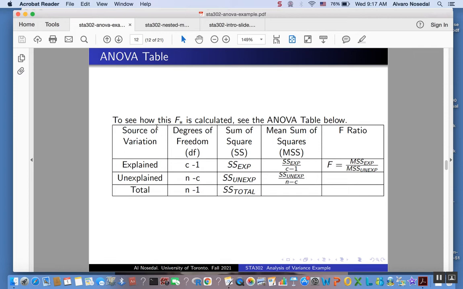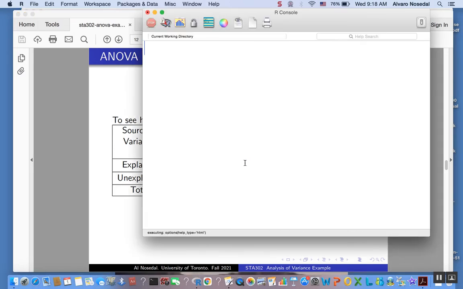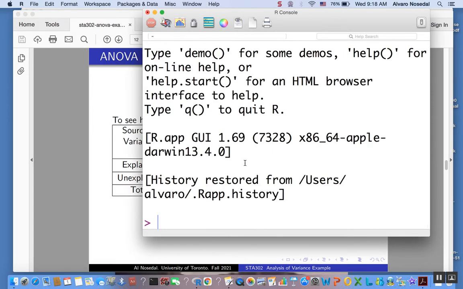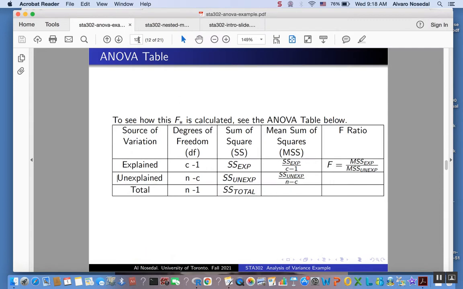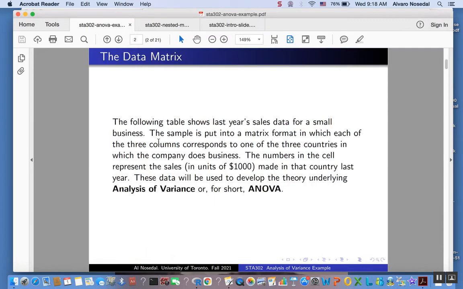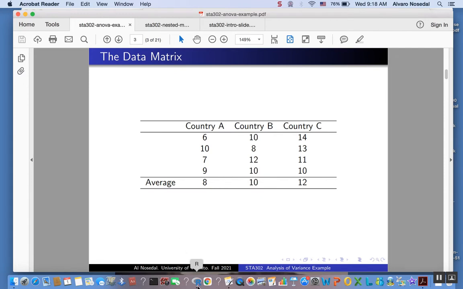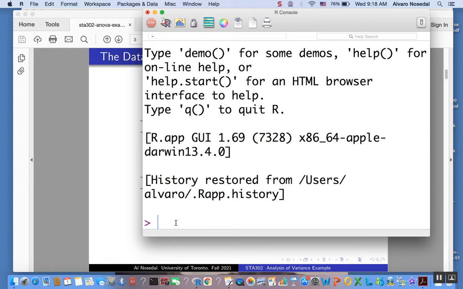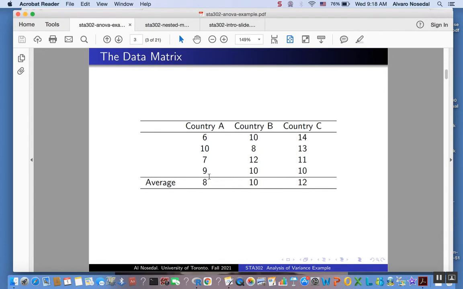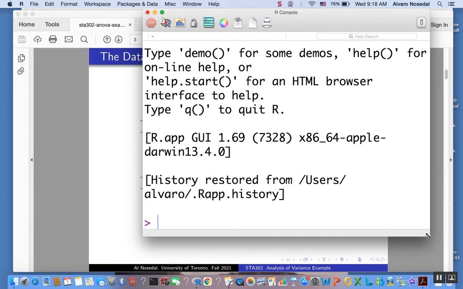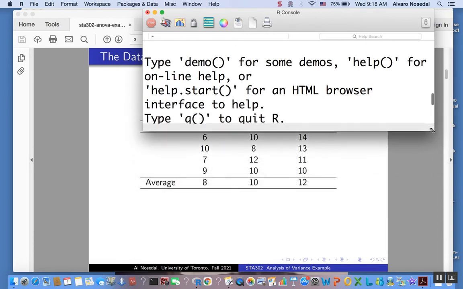So let's launch R and start doing some calculations. First we need our data set. So going back, let me enter the information here, the data. There we are.